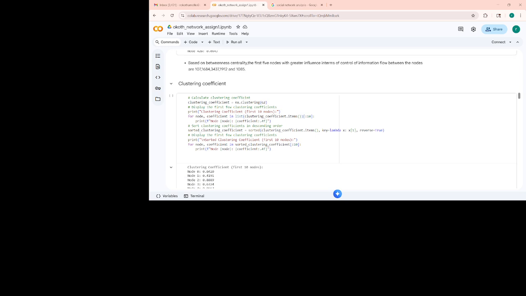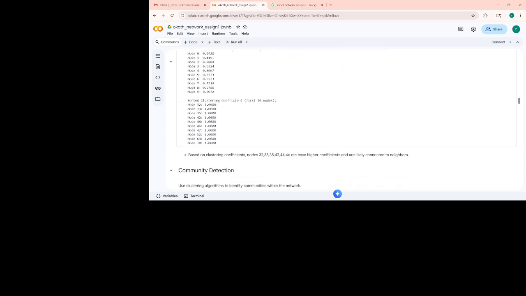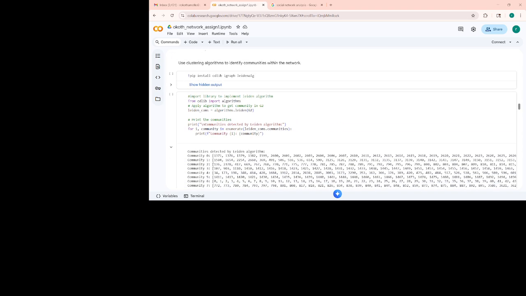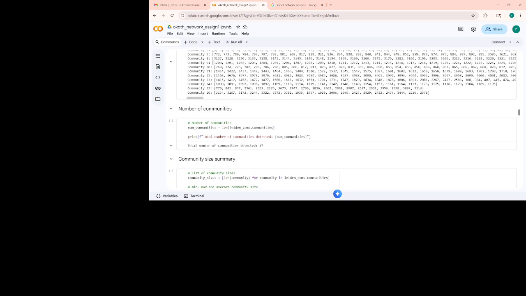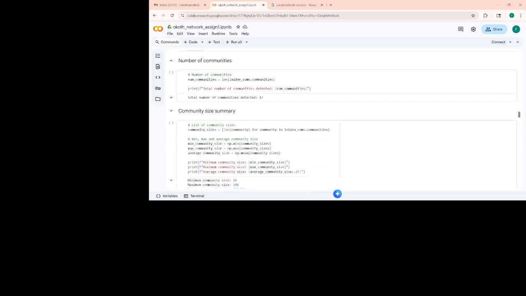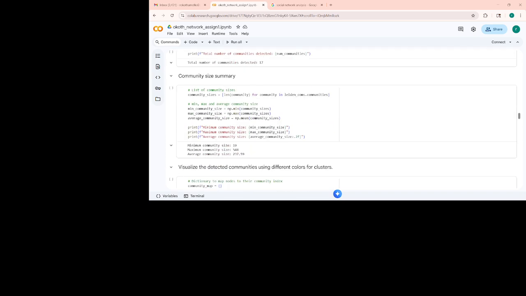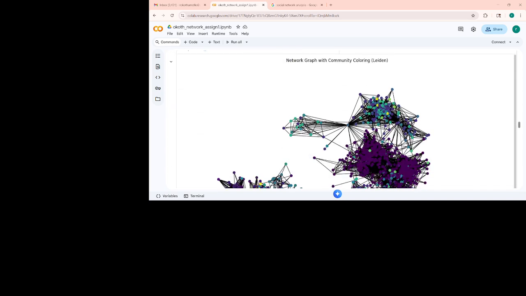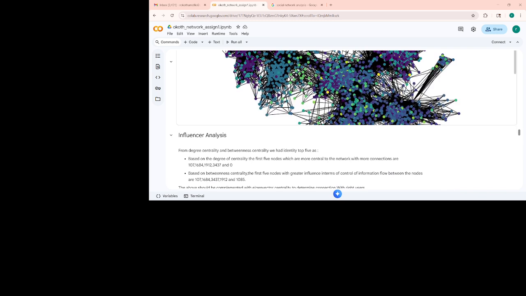Also, we looked at clustering coefficients, and we did community detection using Leiden, where we were able to check the number of communities, the community size summary, and we were able to visualize the detected communities.